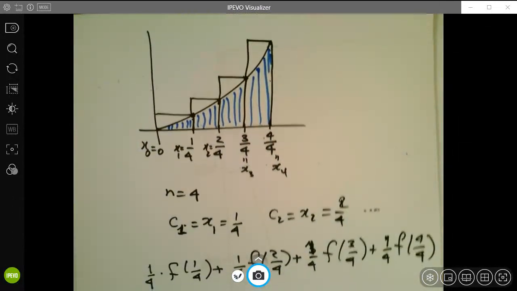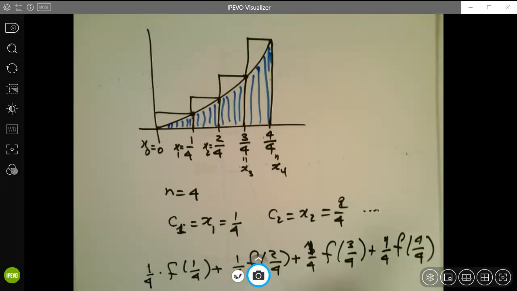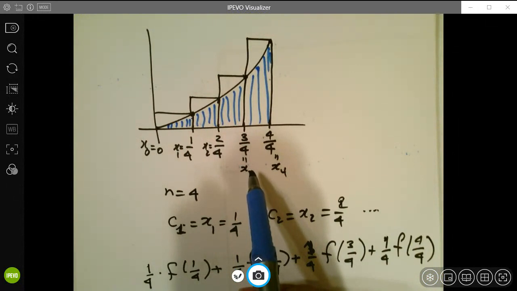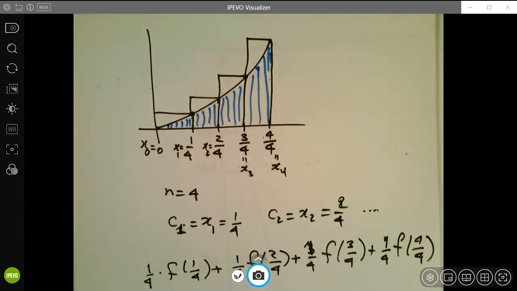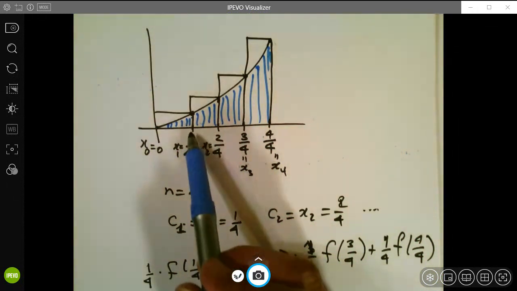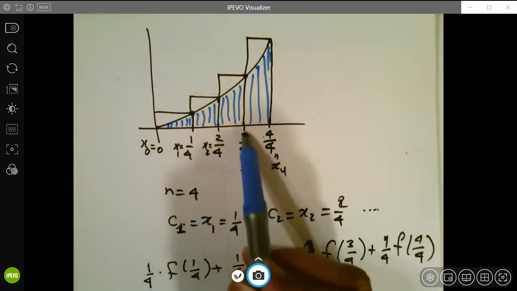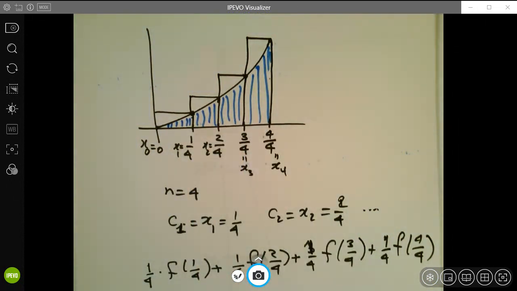What Riemann did, he took a subdivision of a certain number of intervals. For instance, here I have 4 equally spaced labels, 1/4, 2/4, 3/4, 4/4, okay?